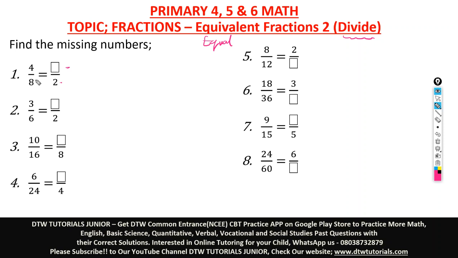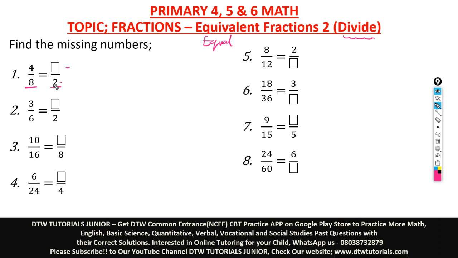Now coming here we have 4/8. How do we know that it's division that we're going to use? I explained that for multiplication. When you look at the two numbers, you can see there's a reduction from 8 to 2.